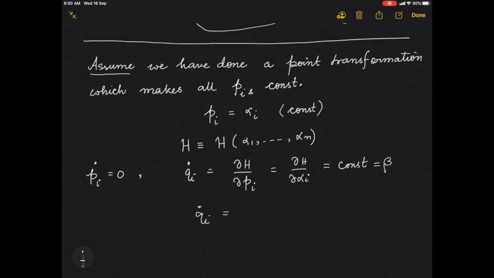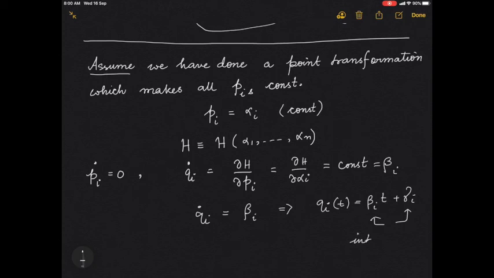And if that is the case, this is absolutely easy to solve, because if I call this constant beta i, then qi dot is beta i, which implies that qi as a function of t is beta i t plus some gamma i. So these are integrals of motion, or initial conditions, if you wish.